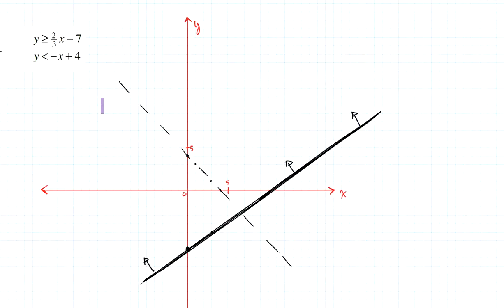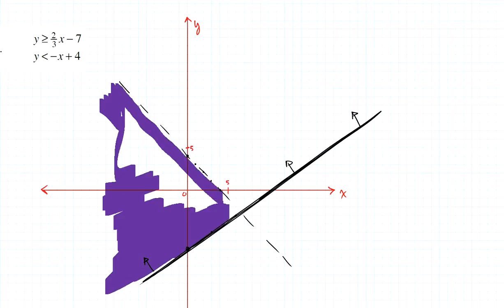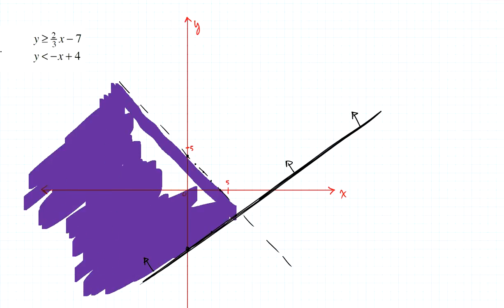Okay, and then I'm just going to shade the solution region. So anything that is above the one curve, including lines on it, and everything that is strictly below this other curve, right? This is a dashed line, so we're not including any of those values. Everything that I'm shading in purple, all these xy points, represent values in which both inequalities would be satisfied.